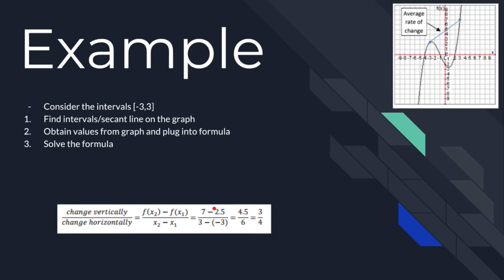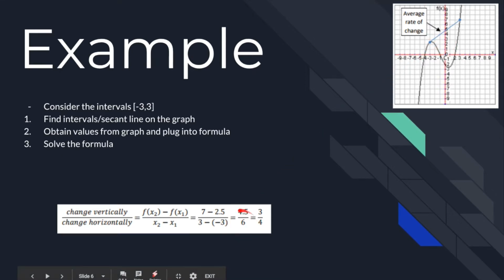So we're going to do 7, which is our second y value, minus 2.5, our first y value, and then we're going to divide that by our second interval here, 3, and then we have our first interval here, -3.